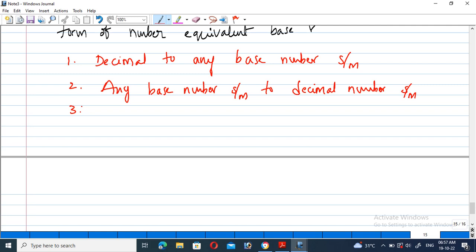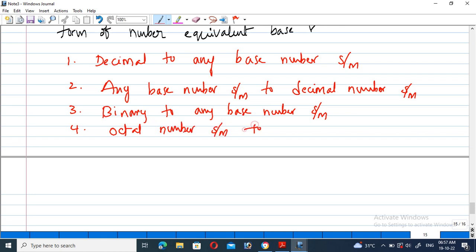The third one is binary to any base number system. And the fourth one is octal number system to hexadecimal.